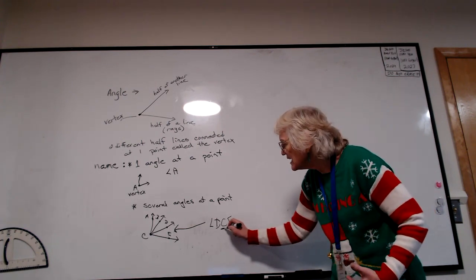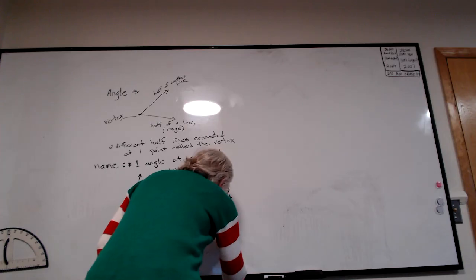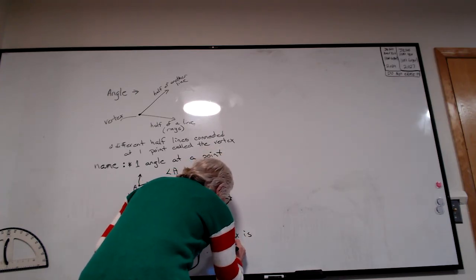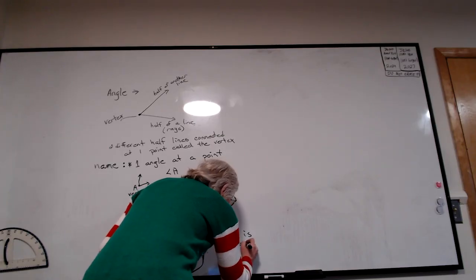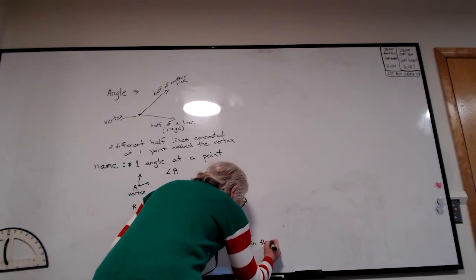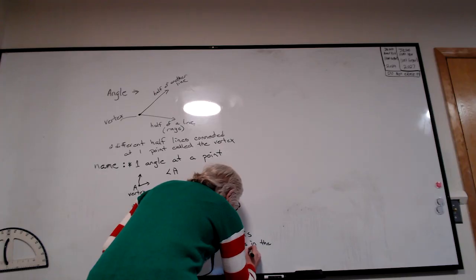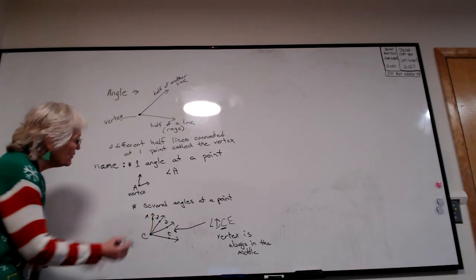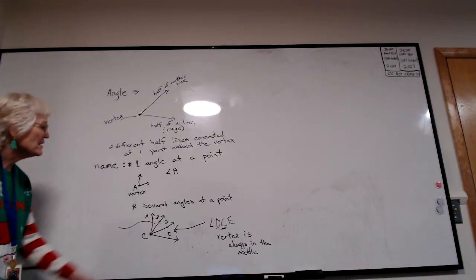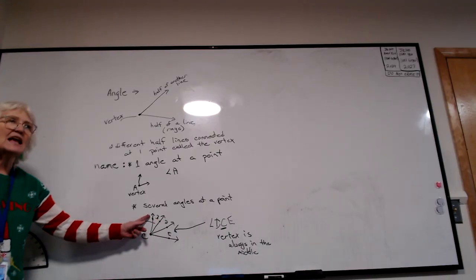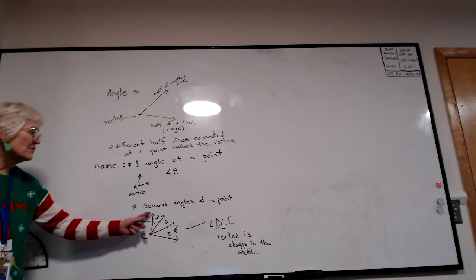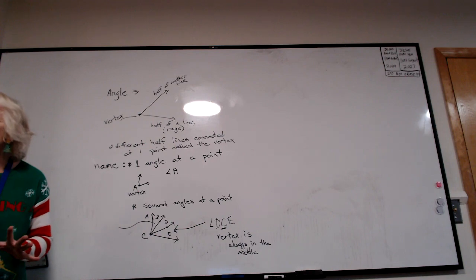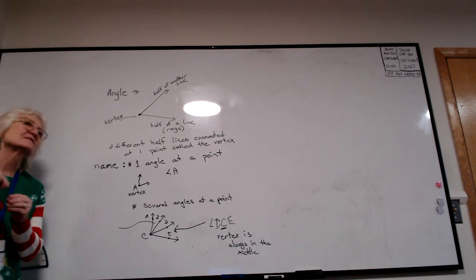Notice the vertex is always in the middle. A way to do this angle right there, you could do it as BCA, or you could do it as ACB. It doesn't matter which one you start with, just the vertex has to be in the middle.